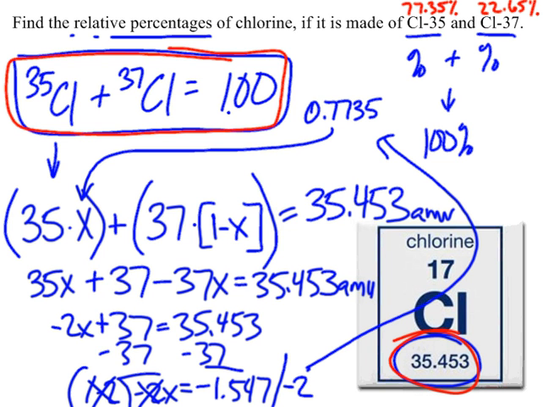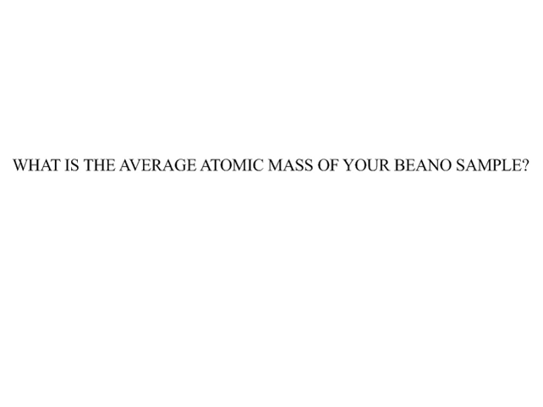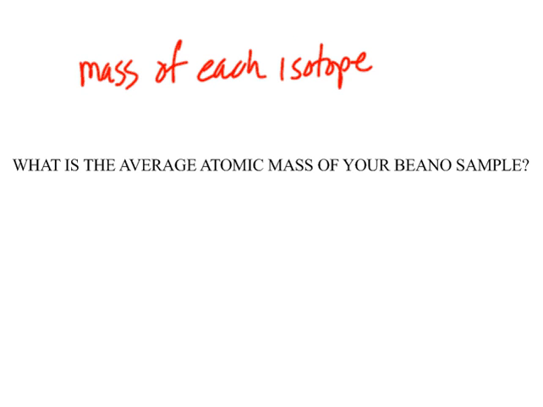Last thing: use this information to determine the average atomic mass of your sample of Beano. Remember, you need the mass of each isotope, which you did.